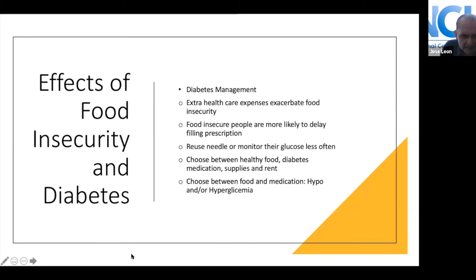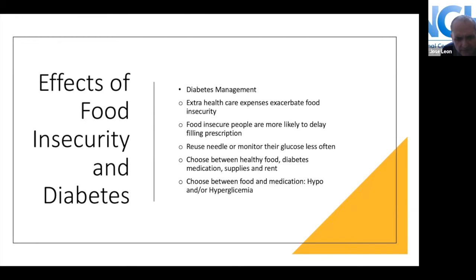So the impact on diabetes management is, first, that healthcare expenses exacerbate food insecurity. Food insecure people are more likely to delay filling prescriptions, reuse needles, or monitor their glucose less often. They have to choose between healthy food, diabetes medications, supplies, and rent, and choose between food and medication.